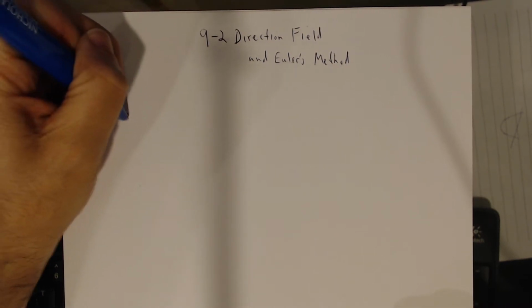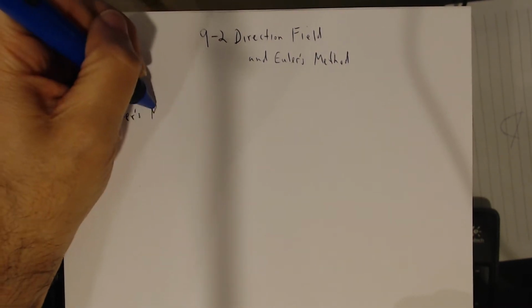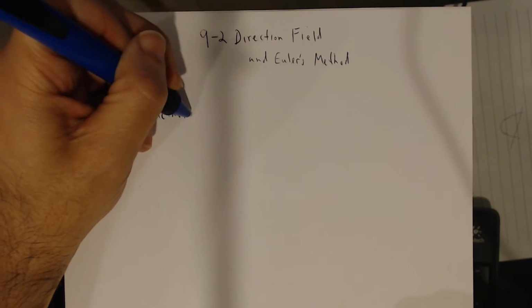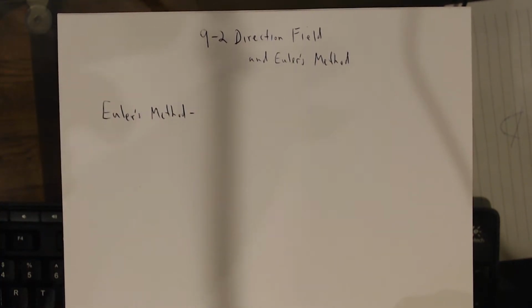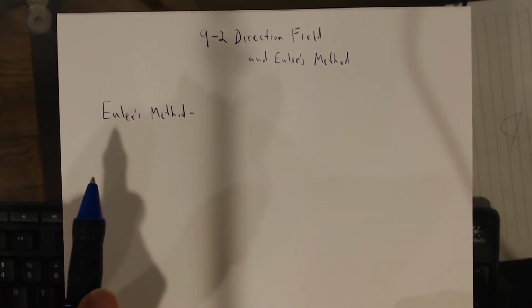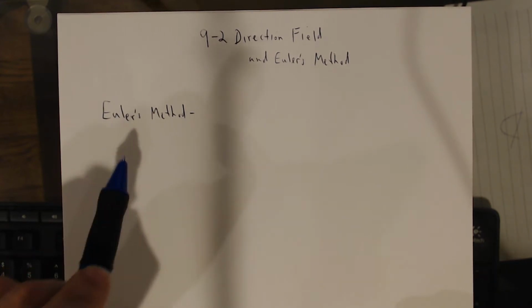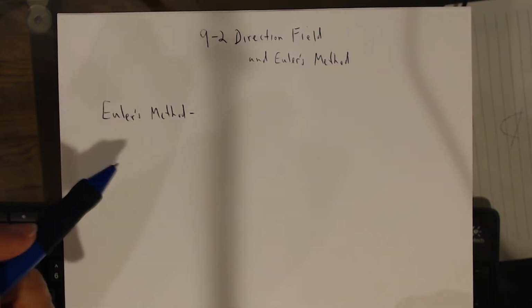So let's just quickly describe what Euler's method is. We've done something similar to Euler's method in this class. However, Euler's method is a better approach to what we've done.